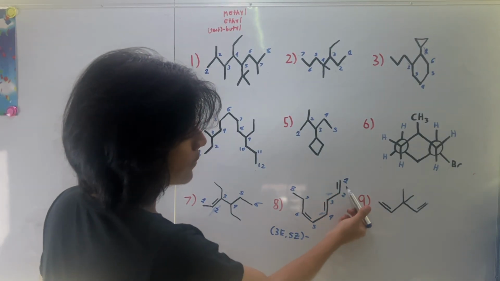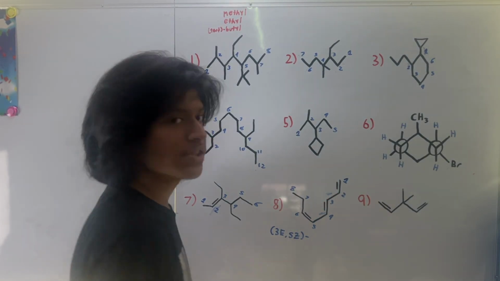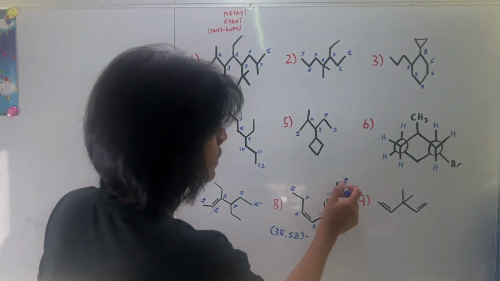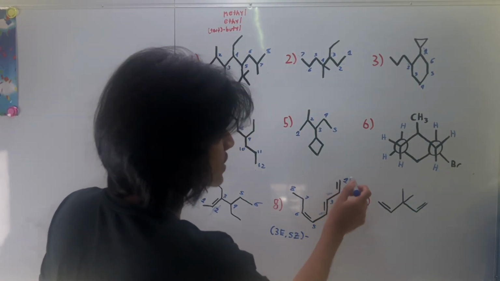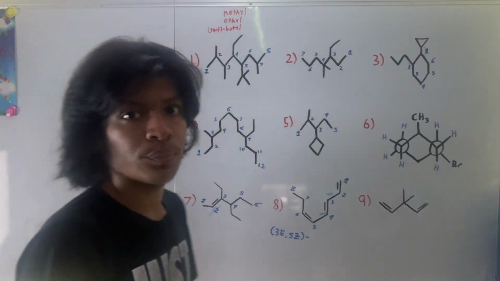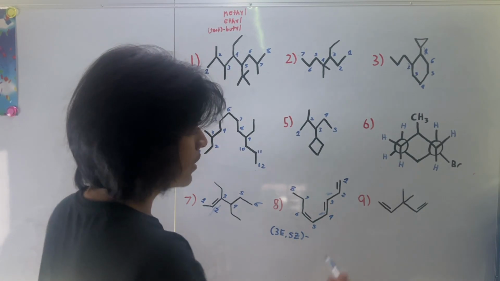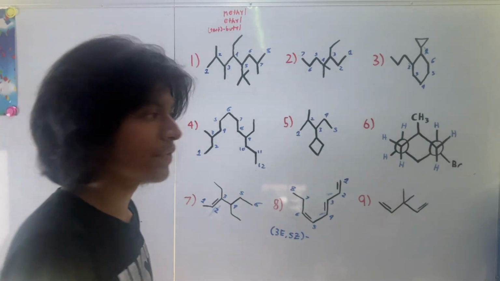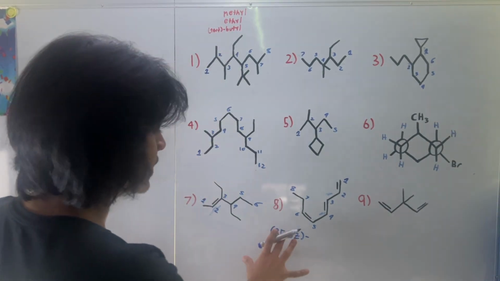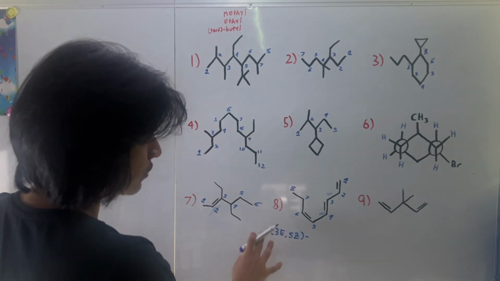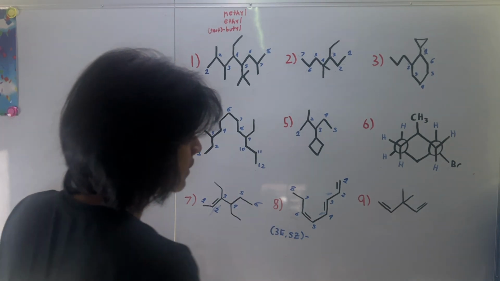And notice how for this first bond, we don't have to include E or Z configuration because here we have 2 hydrogens attached and you can't put priority on 2 different hydrogens. So for this first double bond, we can't use E and Z configuration. So we're just going to leave it off like that. So we have 3E, 5Z.